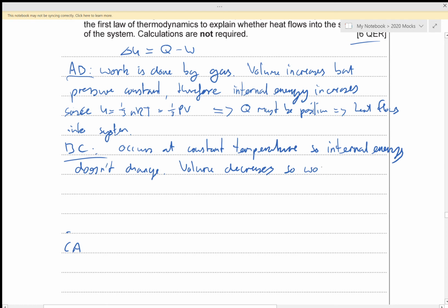So work done on the gas, but since delta U equals 0, Q therefore must be negative. So heat flows out of system.